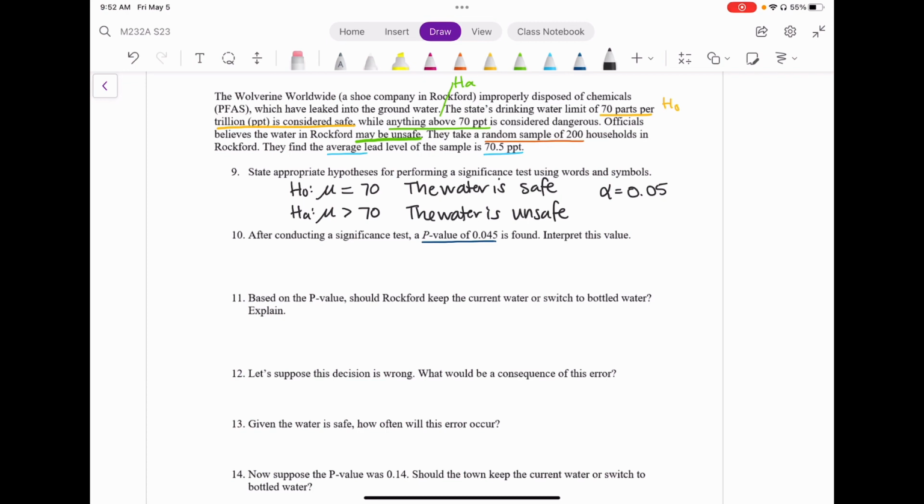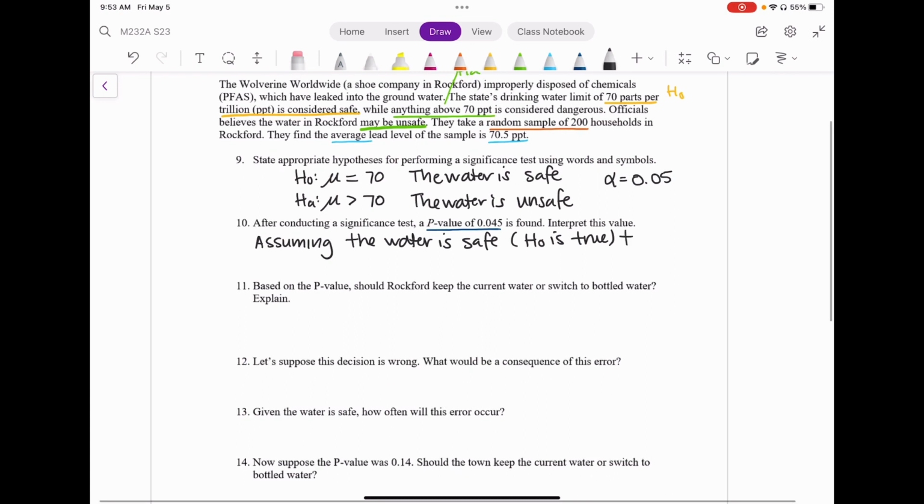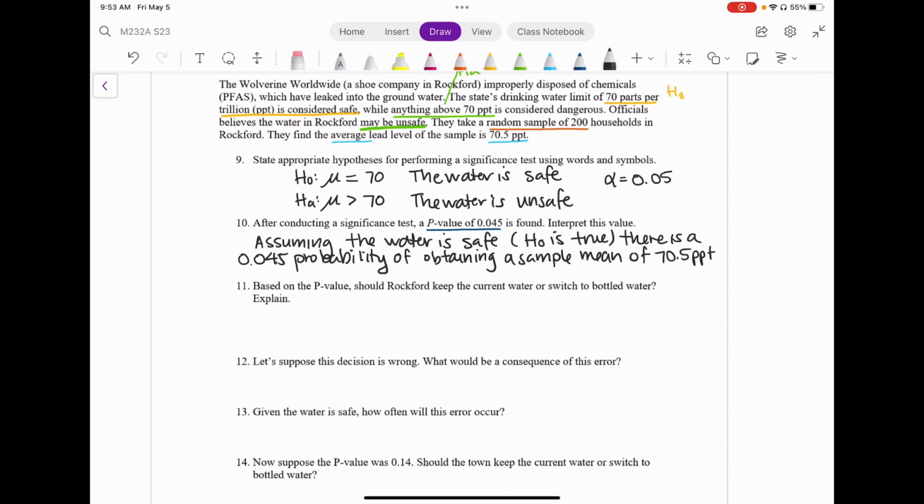So we say, assuming that the water is safe, or that the null is true, there's a 0.045 probability of getting the sample data that we did, which was that we had 70.5 average, just by chance.